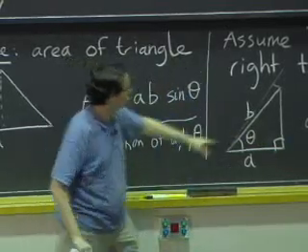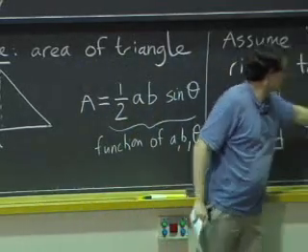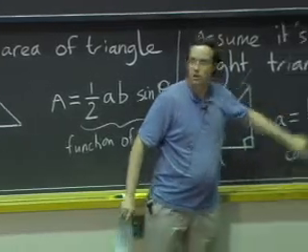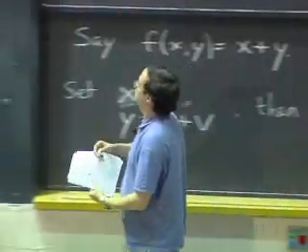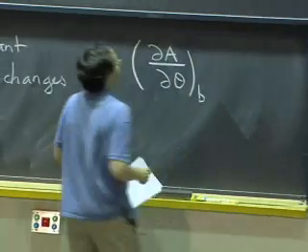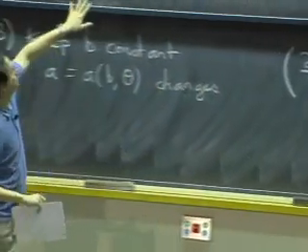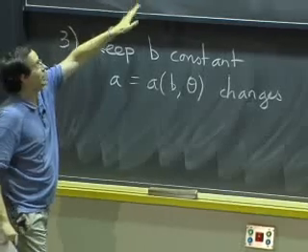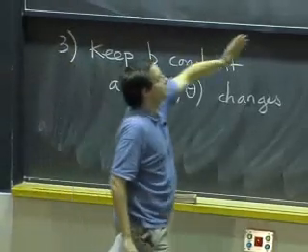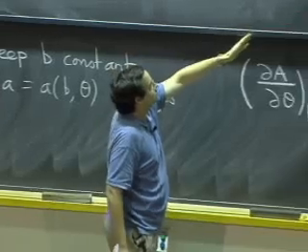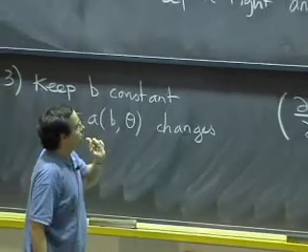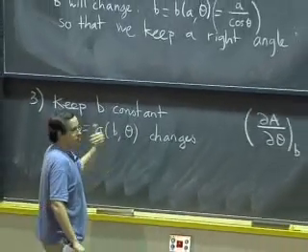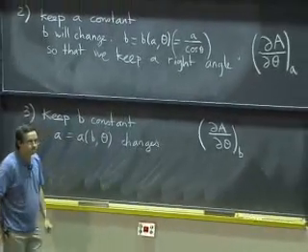So that this relation still holds. That requires us to change B. So when we write partial A over partial theta with A constant, it means that actually B will be the dependent variable. It depends on A and theta. And so the area depends on theta, not only because theta is in the formula, but also because B changes and B is in the formula.